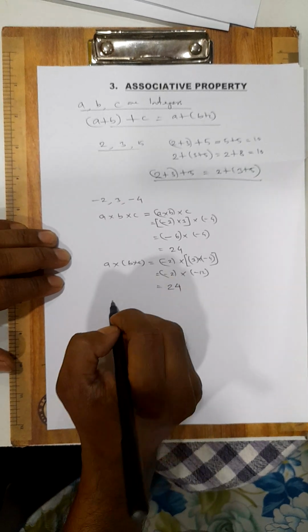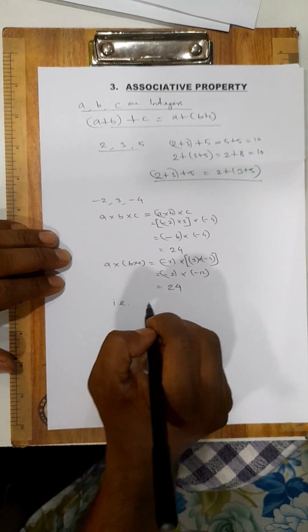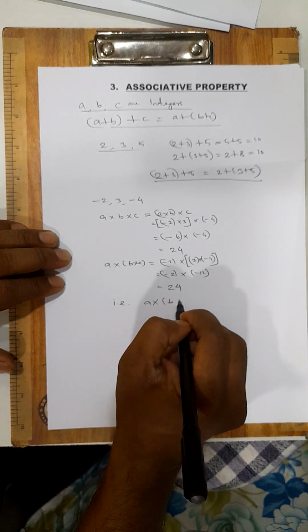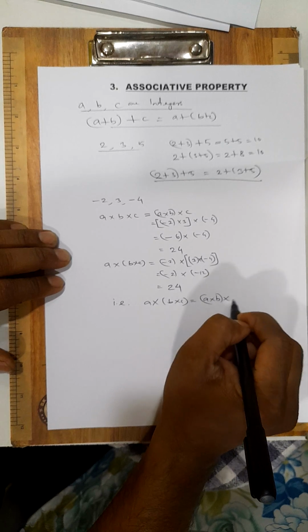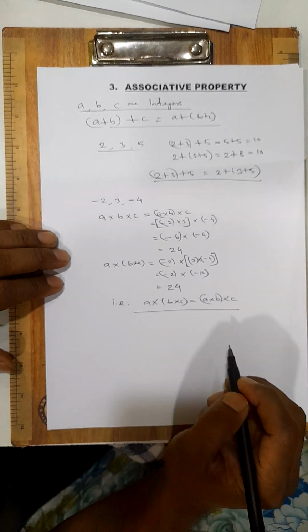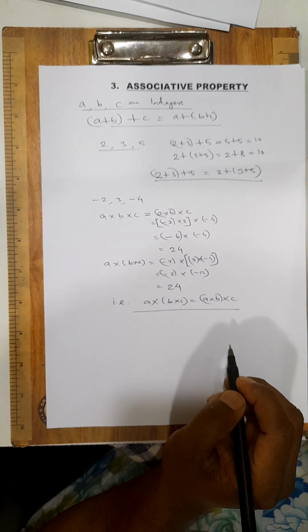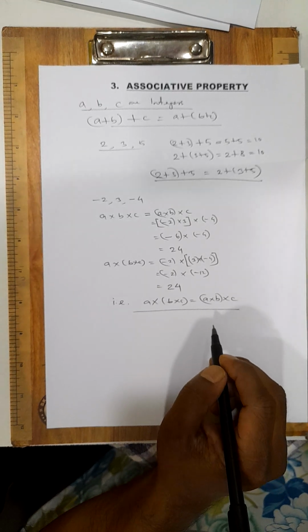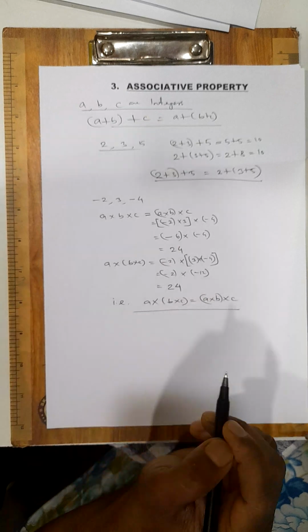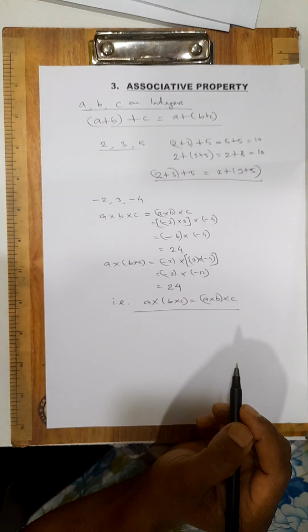So the answer is the same. That is what we got. (a multiplied by b) multiplied by c equals a multiplied by (b multiplied by c). So integers follow the associative property in case of multiplication also, in case of addition also. Right?